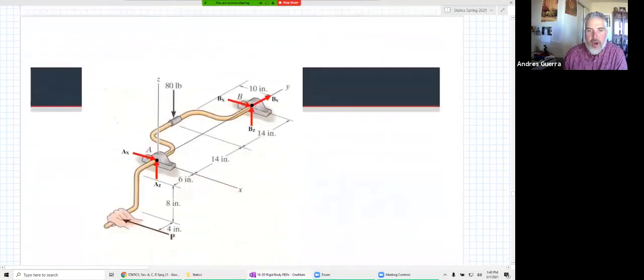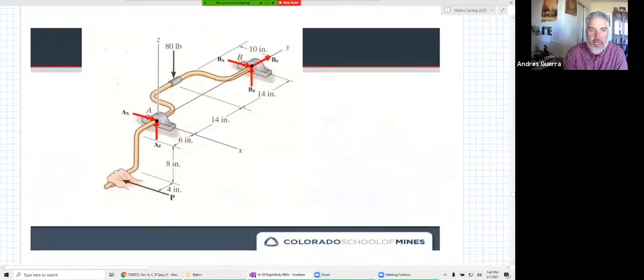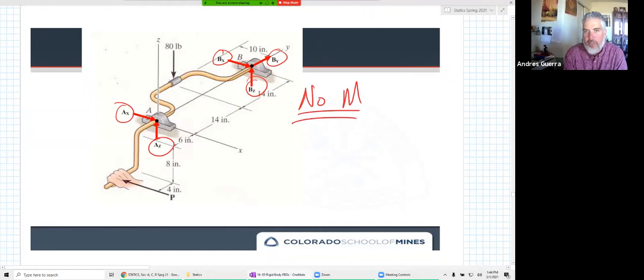They exert only force reactions on the shaft. So if we draw our FBD of this, it would include, because A is a journal bearing, only an AX and an AZ. And B is a thrust bearing, so only a BX, a BY, and a BZ. Notice that there's no M's on there. There could be, right? If I didn't have a total of 9 unknowns to start with, then I would include the moments.